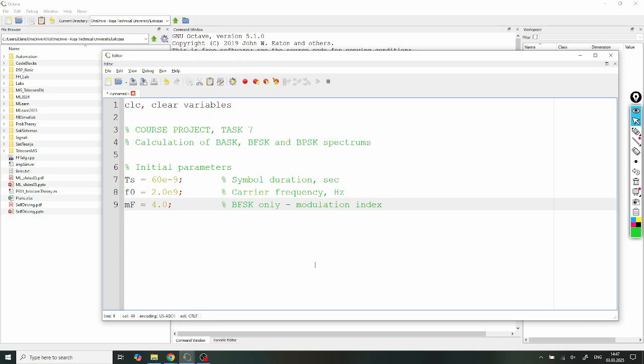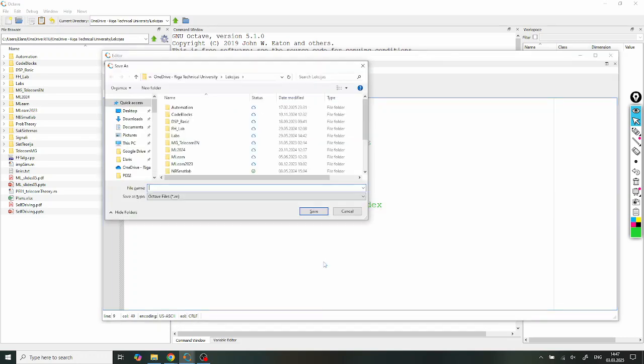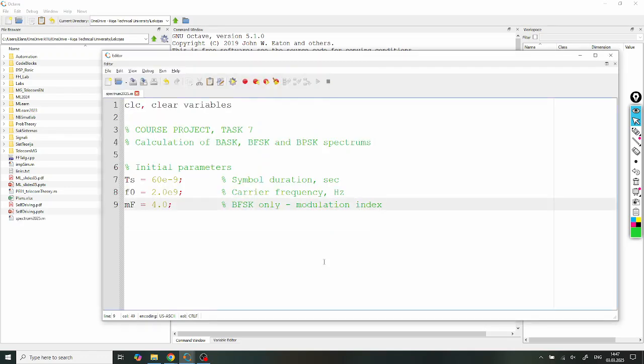So let us then begin with working on amplitude shift keying, because it's going to be base for everybody anyway. So we are going to need to have this as a function. So we are going to create, let me just save it, let's say spectrum 2025, like that.